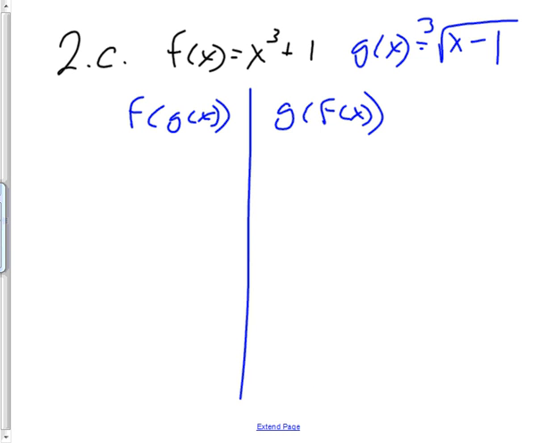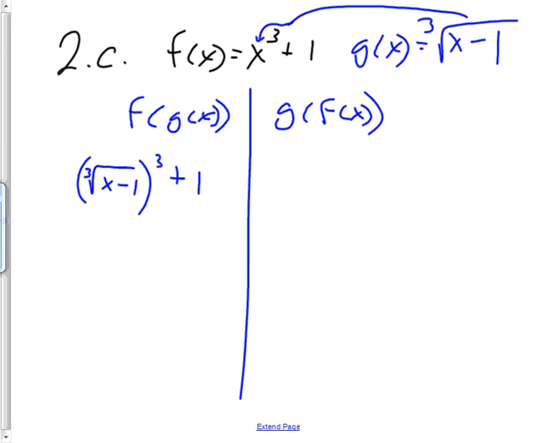And underneath f of g of x, we stick g of x into the f of x function. This has to go into here, specifically right where the x is. So I'm going to go empty spot cubed plus 1, and then drop in cube root of x minus 1. There we go.